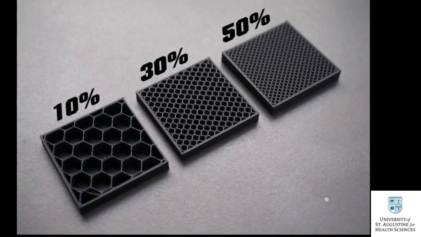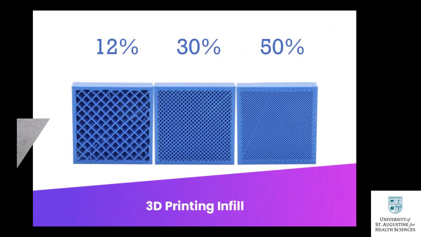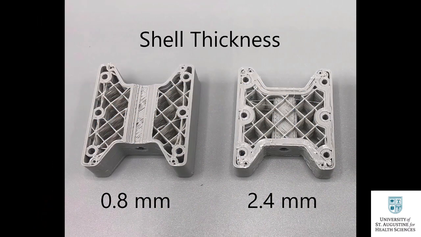The last property of FDM 3D printers is infills and shell thickness. Most FDM 3D printers have a default setting of 20% infill density and 1 micrometer shell thickness. The higher the infill density and shell thickness, the stronger the 3D printed object.